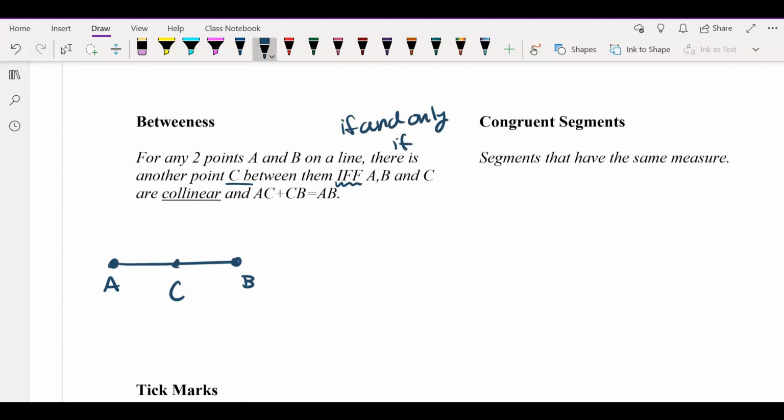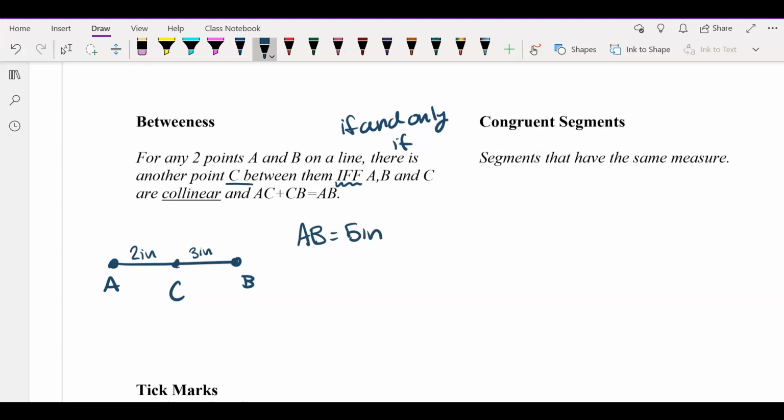So if and only if A, B, and C are collinear, so they're in a straight line. So let's say that we said that AC was 2 inches and CB was 3 inches. That means the length of AB will equal 5 inches.